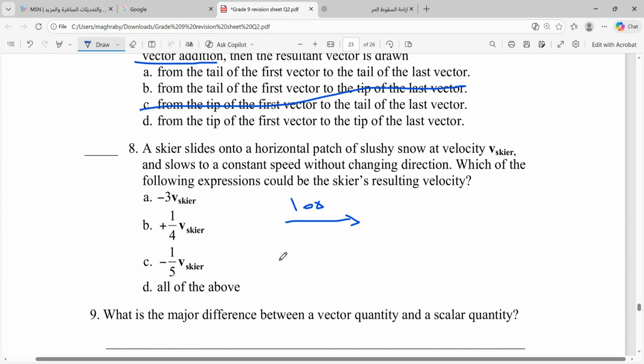Slowing down means the magnitude decreased, for example to 50. It's an example, not a real number. So the second vector relative to the first is less than, but in the same direction. We can say positive, because this one is positive, so this one also has to be positive.